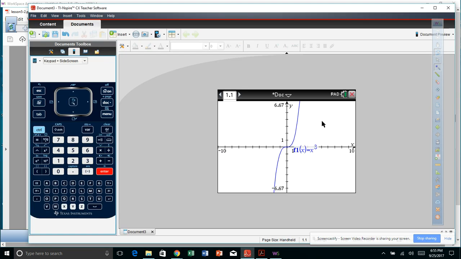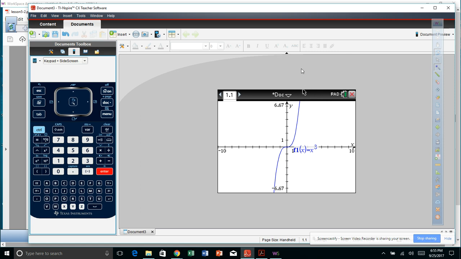Let's go back to it. It starts down and it goes up, so there are no turning points, and there's no local max or local min.